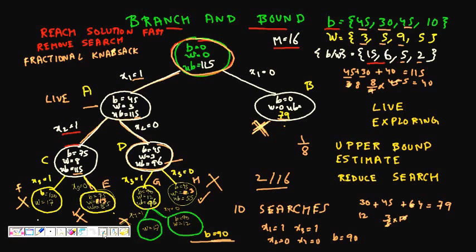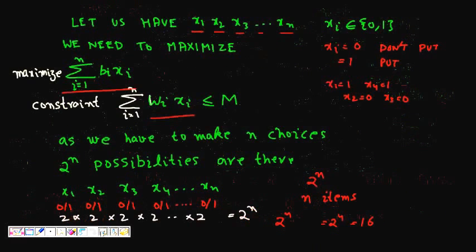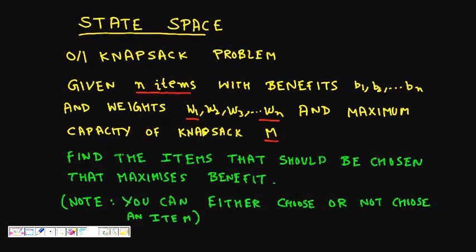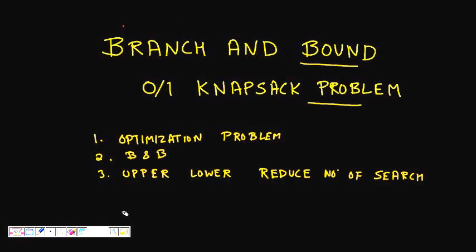Okay, so I hope you understand this concept of branch and bound and how we used it to solve the 0-1 knapsack problem. The thing involved was that we had to find the upper bound of the possible solution. Okay, and that was the important thing here.